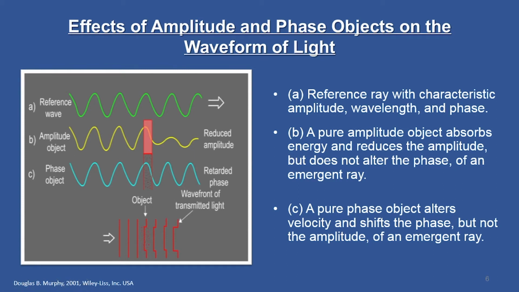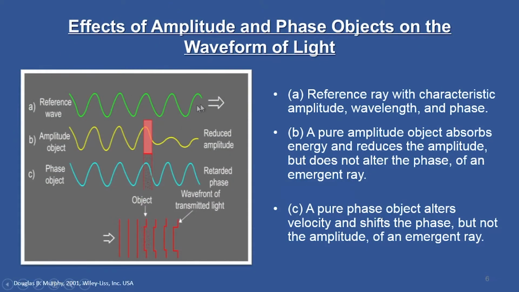So, let me first introduce the effect of amplitude and phase objects on the waveform of light. So, in this lecture we will see something called an amplitude object or a phase object. What do you mean by that? What is a phase object? What is an amplitude object?